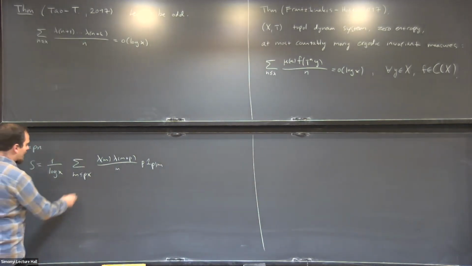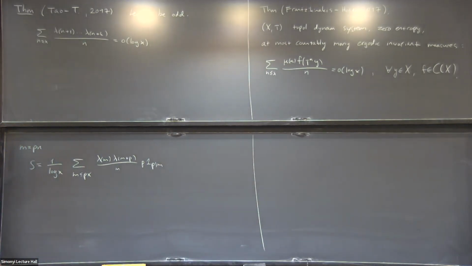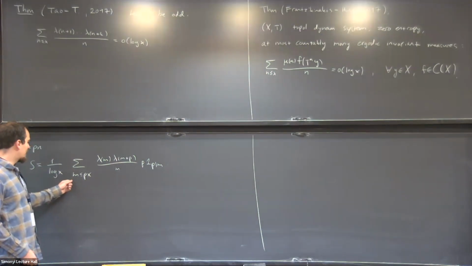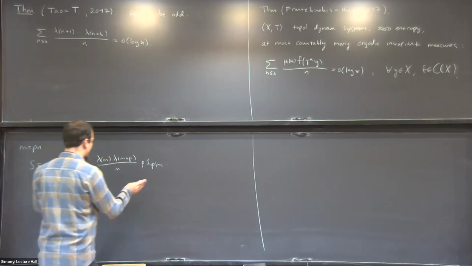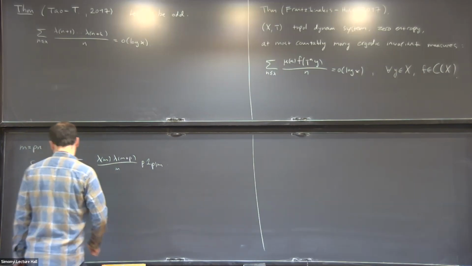If you have a logarithmic average up to 2x, it's almost equal to the logarithmic average up to x, because the logarithmic measure of the interval from x to 2x is small. And similarly, if you have a logarithmic sum from x to Px, where P is small compared to x, the contribution from the interval is small. You don't use anything about the Liouville function. That's the measure of the interval in the logarithmic sense.